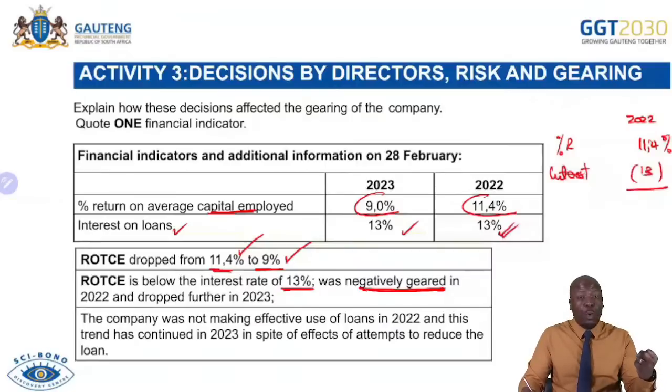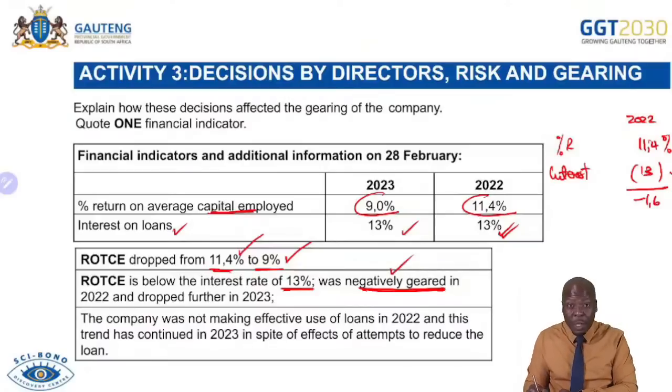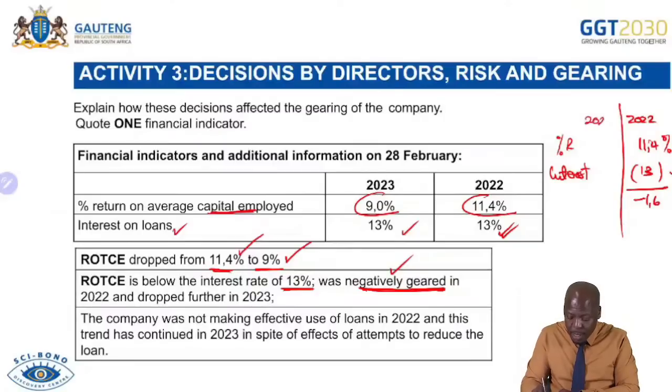That 11 Rand 40 was not even enough to pay for the interest on the loan that we had borrowed. Therefore, you will see that here you're going to have a negative 1.6. That simply means we are negatively geared in 2022. And then, if you come to 2023, you will see the same again.